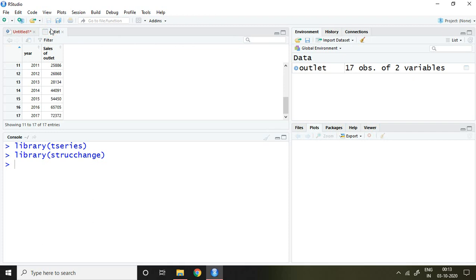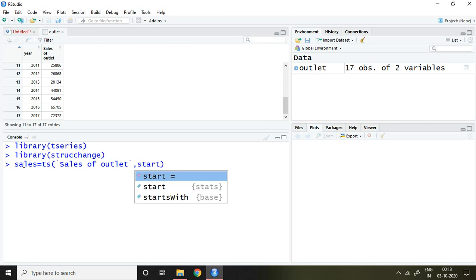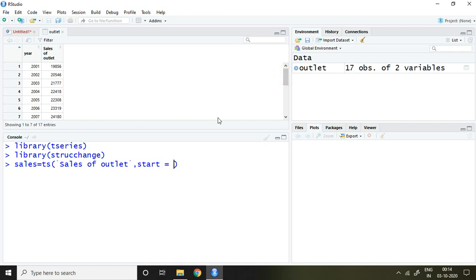As I have the series, that is Sales of Outlet, I'm going to write here simply sales equal to ts, and then sales of outlet, comma, start equal to 2001, because our data starts from 2001, and then end equal to 2017.